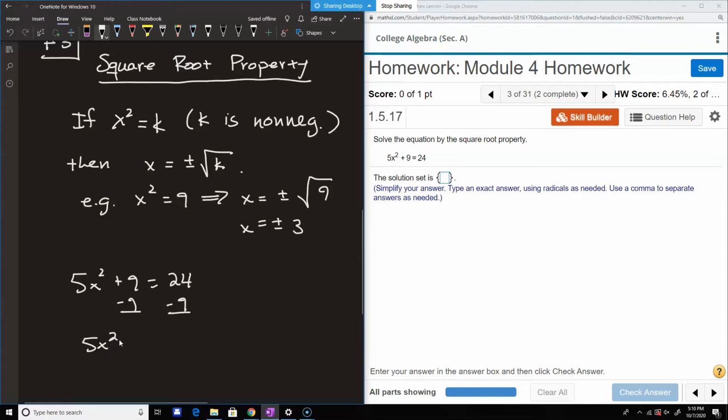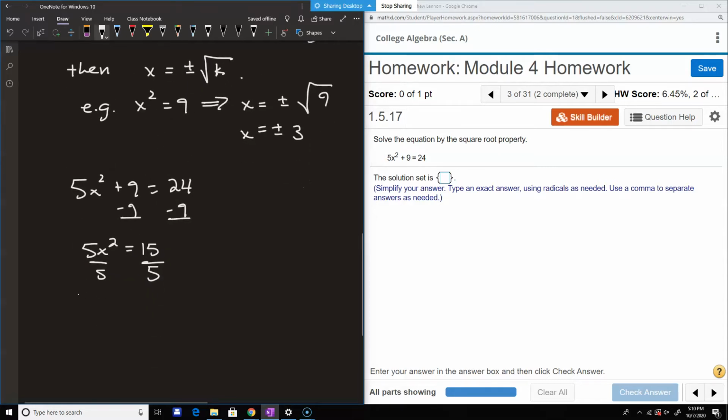So we have 5x squared equals 15. We divide by 5. So now we have x squared equals 3, and by the square root principle, x will equal plus or minus the square root of 3. That doesn't simplify at all, so we just leave it as is, square root of 3.